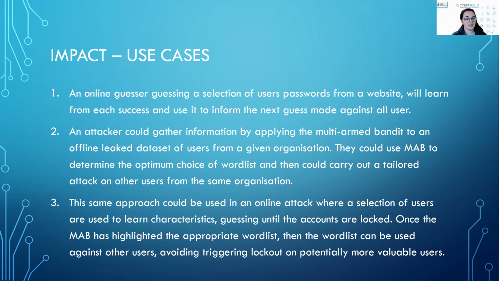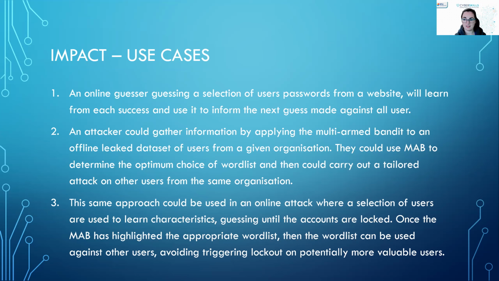And the second use case is if an attacker could gather information by applying the multi-armed bandit to an offline leaked data set of users from a given organization. So let's say we have the Hotmail leak.